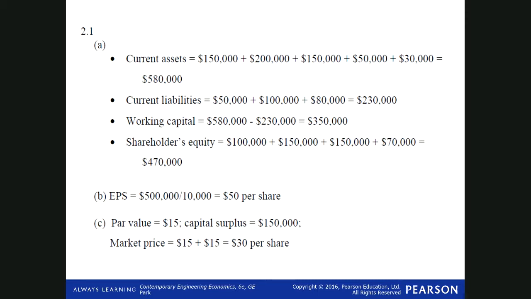Par value is a theoretical value, remember, issued to a common stock. Par value is a very minimum amount. In theory, if you have to return something, you can take back that amount.